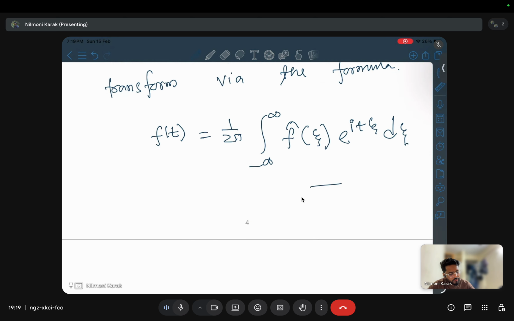To prove this identity, the trick is basically to use the Gaussian.